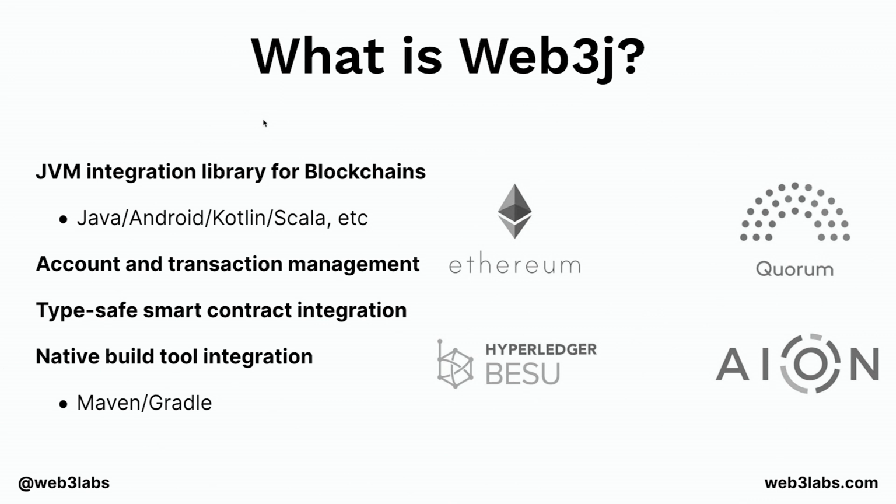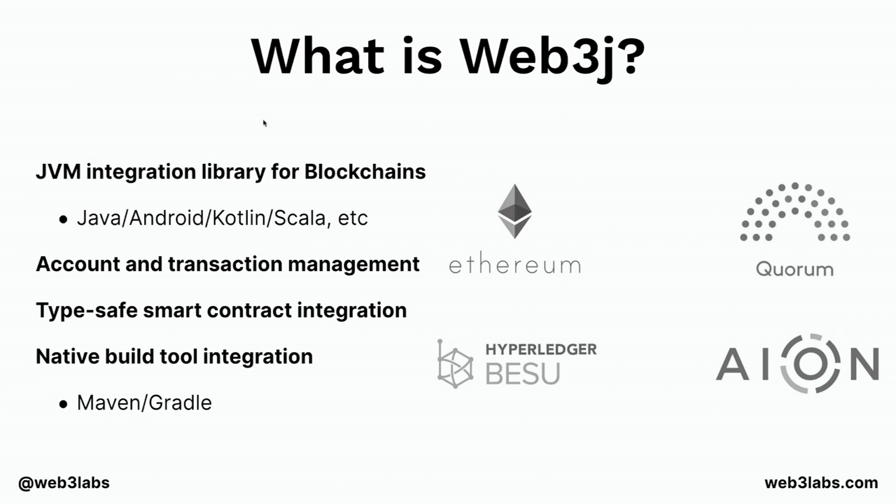It takes advantage of the type safety features of the JVM so that you get the type safety guarantees when you're going from a JVM environment to an actual smart contract on a blockchain. And it works nicely with the major build tools, Maven and Gradle, for those people on the JVM.